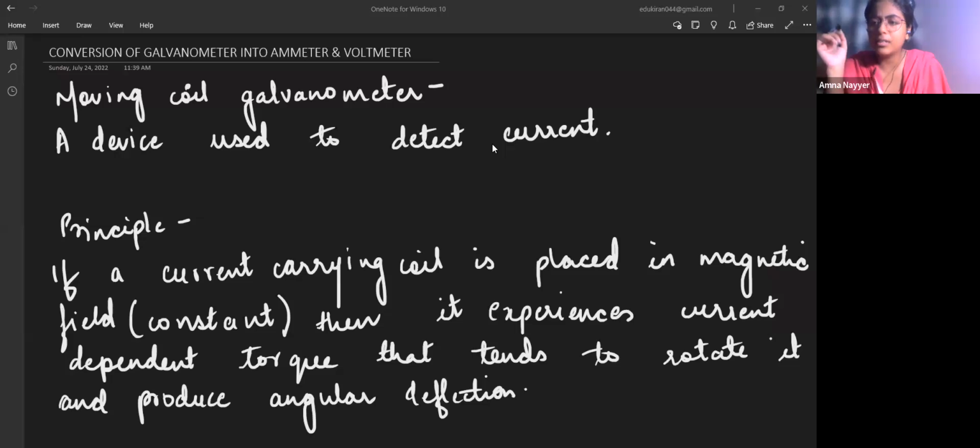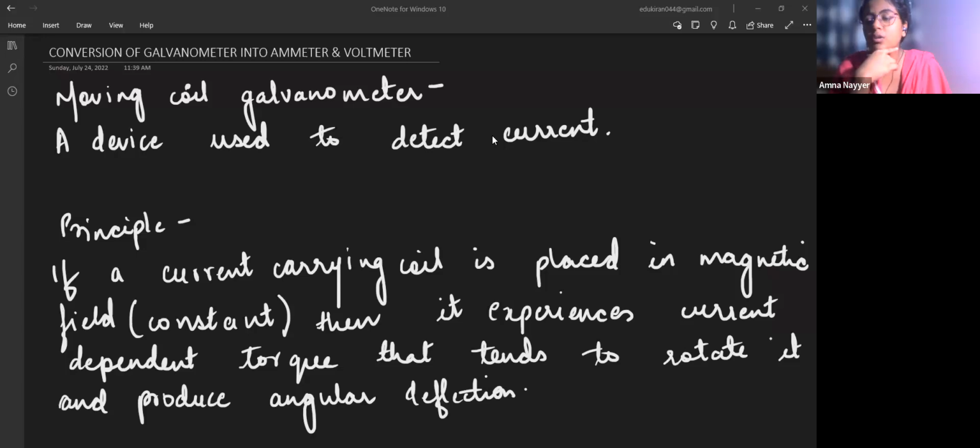For example, I have constructed a proper circuit. Circuit has been constructed, wires have been made, key has been tapped, switch is on, and everything is set up. And I have connected a galvanometer also along with the rest of the wires. Now, when the circuit is on, the current will flow through the galvanometer. As soon as the current comes, some things will happen, torque and all will act, that I'll tell you in the principle.